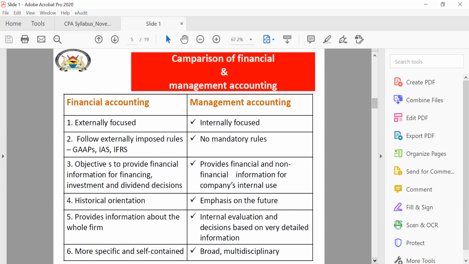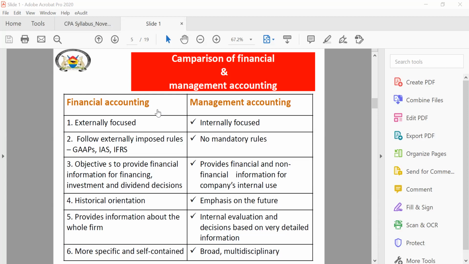I already said that one comes after the other, and I say that management accounting is a result of financial accounting.